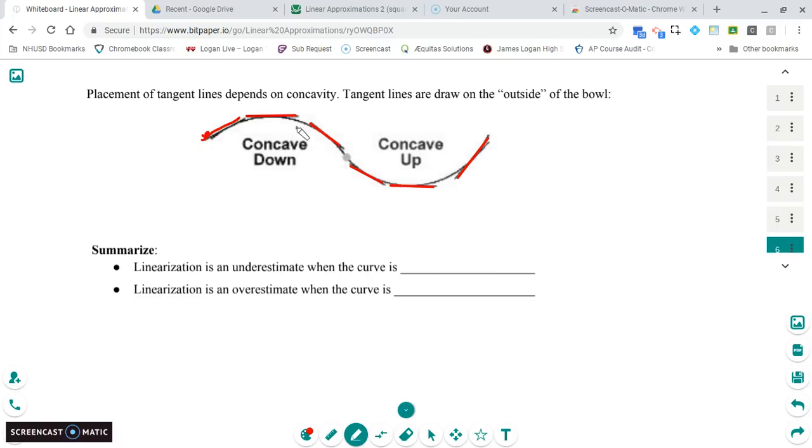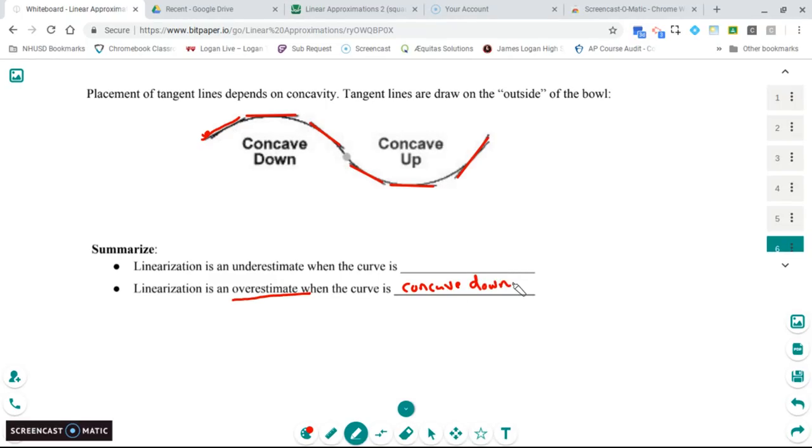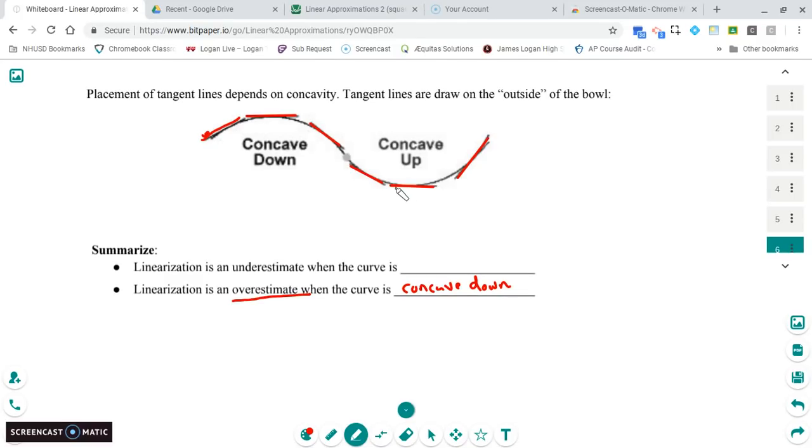So in a concave down situation, the tangent lines are above the curve, and that means that we have an overestimate. So overestimates occur when the curve is concave down. We have an underestimate when the tangent line is under the curve, and that's in a concave up situation.